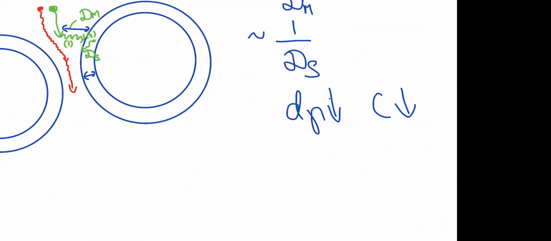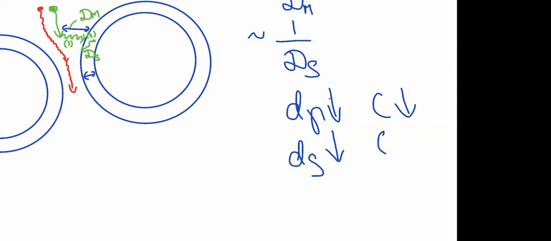So we can say that the width of the stationary phase on this inert carrier is d with a subscript s, and the smaller this layer of the stationary phase is, the shorter distances our molecules actually need to travel to transfer between the mobile phase and the stationary phase.